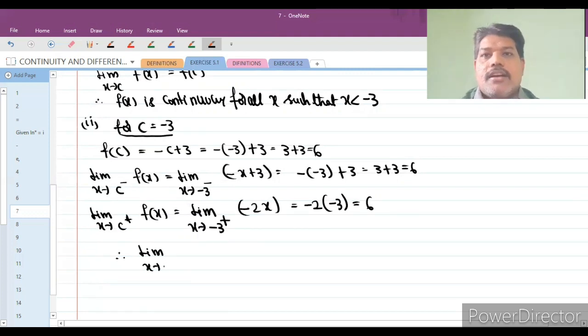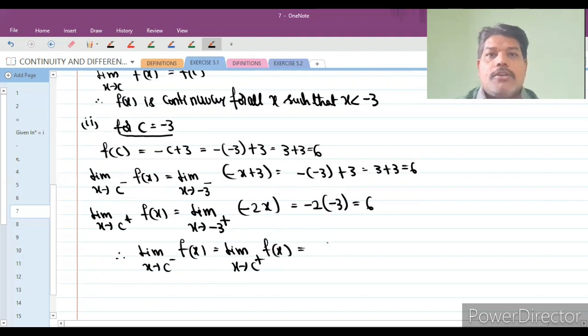So we can write that the limit as x tends to c minus of f(x) is equal to the limit as x tends to c plus of f(x) is equal to f(c). All three coincide: the f(c) value, the left hand limit and the right hand limit are all equal.